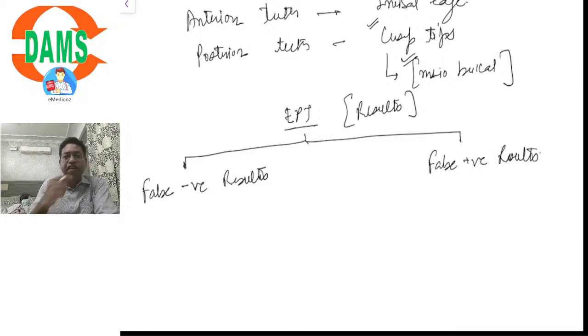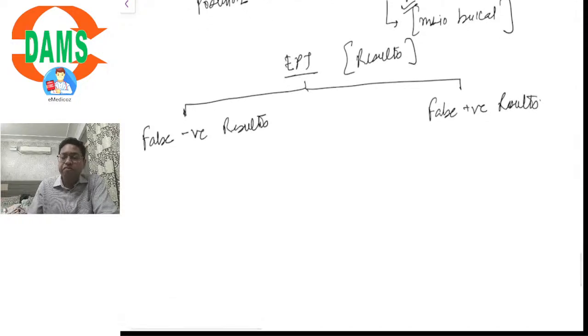What is the meaning of false negative results? The patient is not giving any response even to the highest level of current, but in actuality, the pulp is viable. The patient should be feeling pain, but the patient is not giving any response. So we assume the pulp to be falsely non-vital: false negative results.